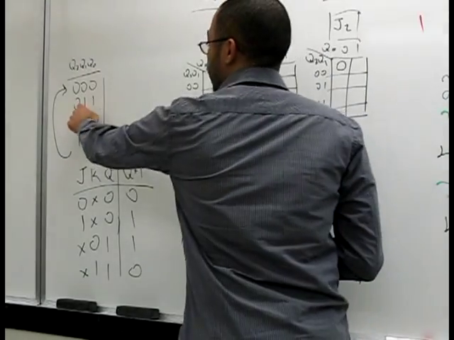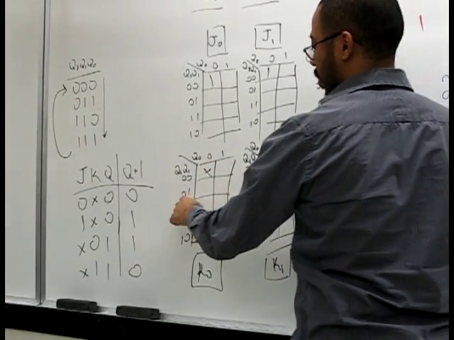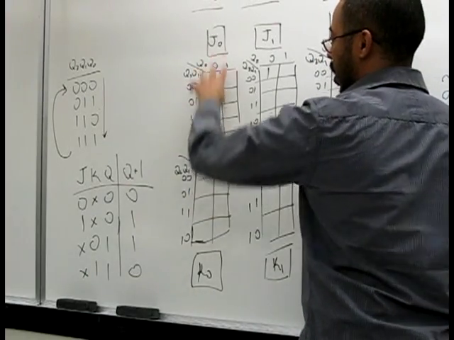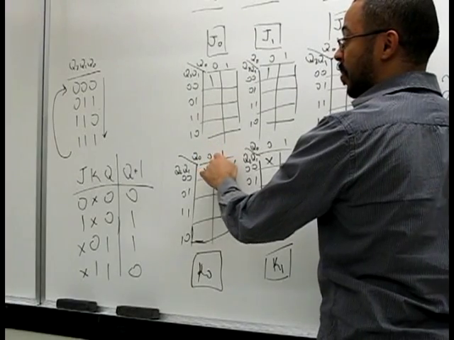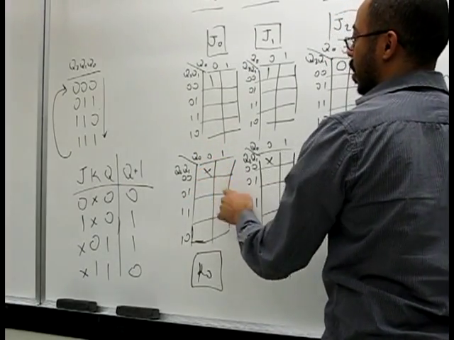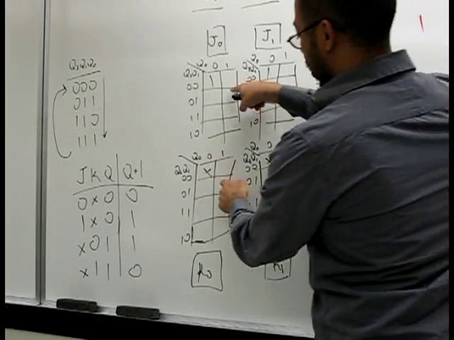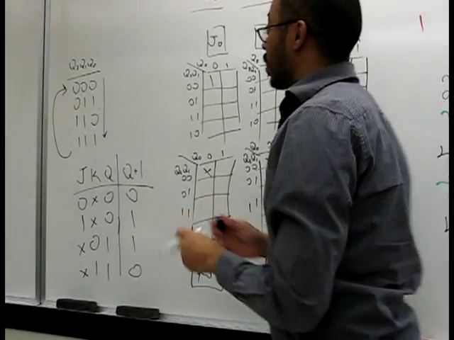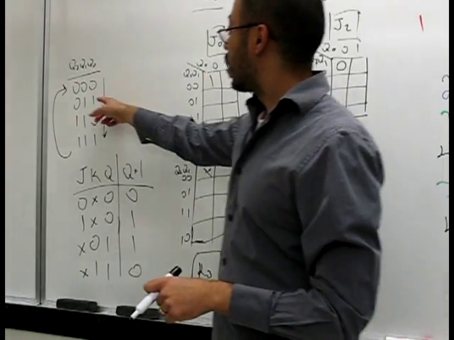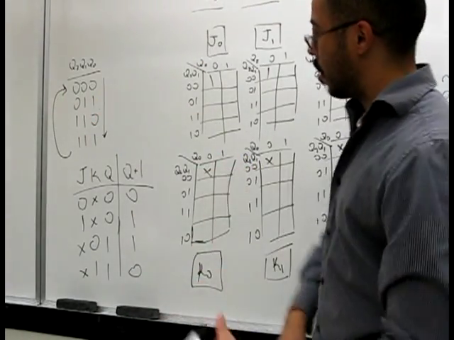Next state, 0, 1, 1. So I find 0, 1, and 1. For J, K, 0, 1, 1, the Q0 bits up top. And let's figure out what we're going to populate here, here, and here. Alright, so first off, Q0 has to go from a 1 to a 0, so it's got to go back.